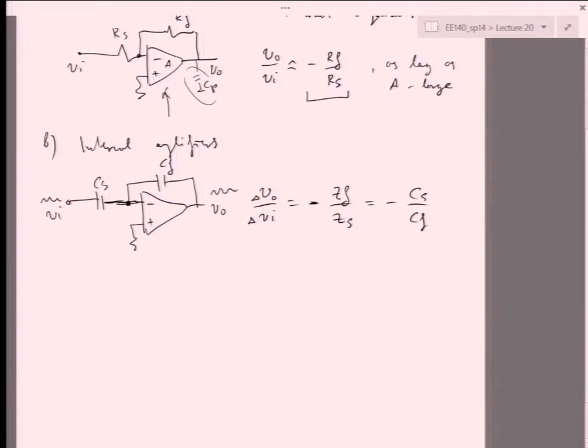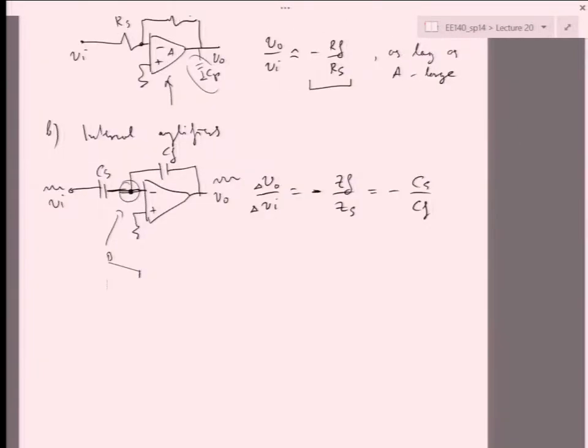The only slight problem with this circuit is that really there's no DC bias at this input node. An op-amp really needs some common mode, as we've seen previously, to be able to bias that input transistor or a diff pair stage.